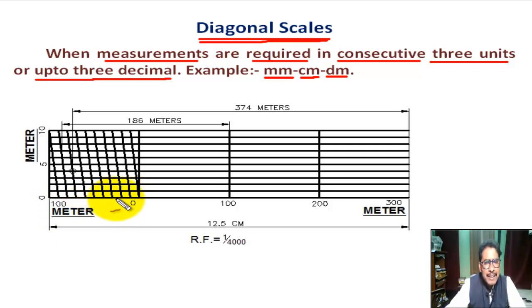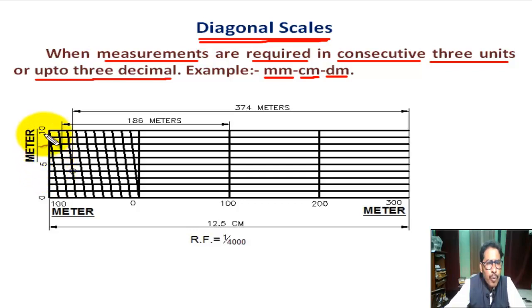All parts represent 10 meter. This is 0, this is 10, this is 20, this is 30, this is 40, and in this way this is 100. Now again this is divided into 10 equal parts.